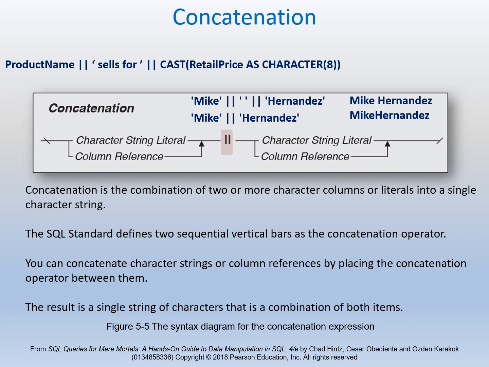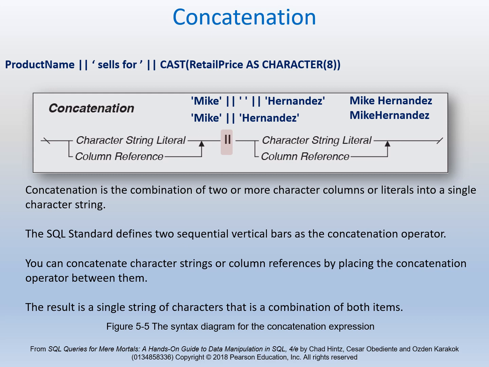Let's look at this example using not only concatenation but also the function cast. Here we have product name, a column, concatenated with a string 'sales for'. Notice there is a space before the S in sales and a space after the R in for.